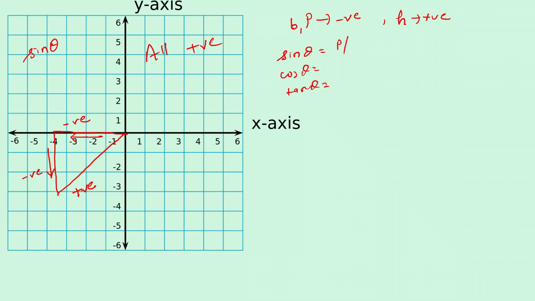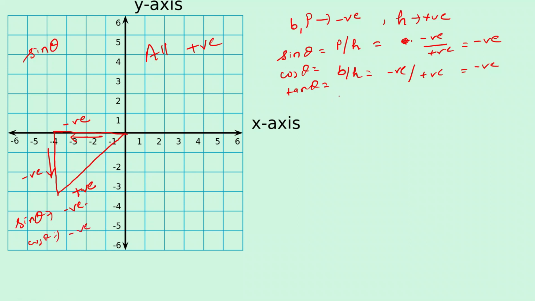So sine theta is perpendicular by hypotenuse, where perpendicular is negative and hypotenuse is positive. So we get a negative value for sine theta. What is cos theta? Cos is base by hypotenuse. Base is negative, hypotenuse is positive. So it gives us a negative value. So cos is also negative in the third quadrant.